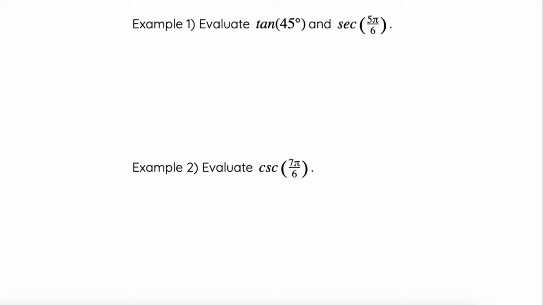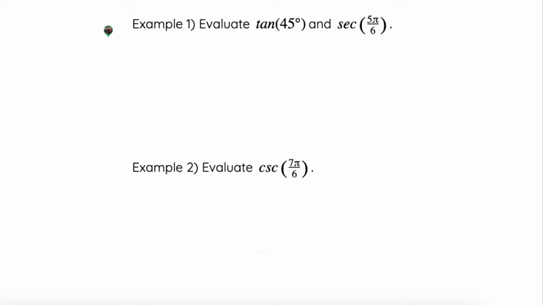Find tangent of 45 degrees, and also find secant of 5 pi over 6. So 45 degrees is one of those nice values for us. We'll also see that on our exact trig value chart that tangent does exist, because sine, cosine, and tangent are those that are frequently utilized.